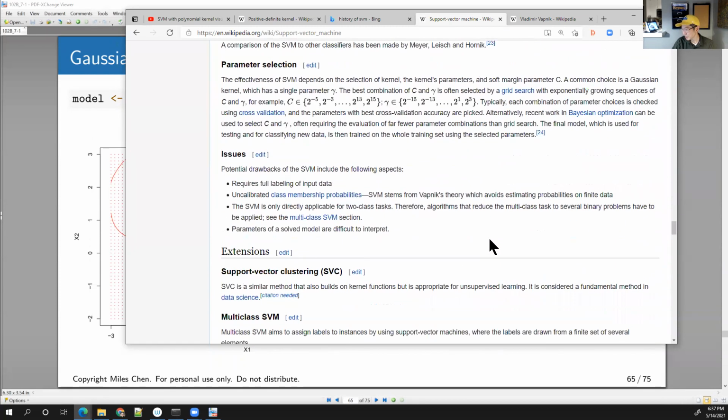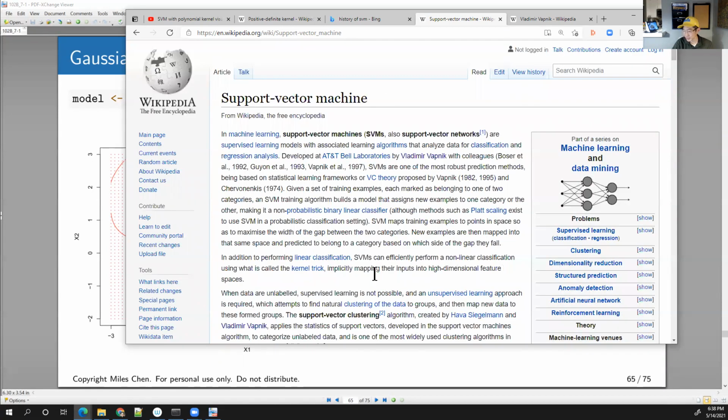I've seen image classification use support vector machines, for facial recognition things, but I don't remember any of the details. I remember seeing that as a use.